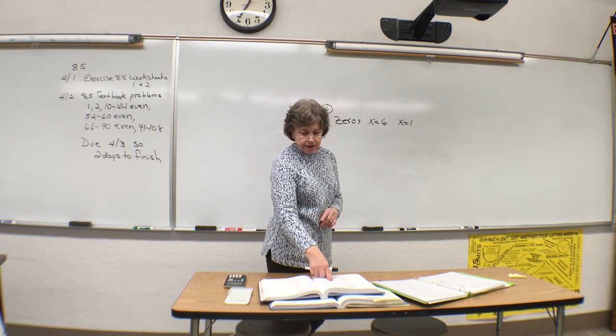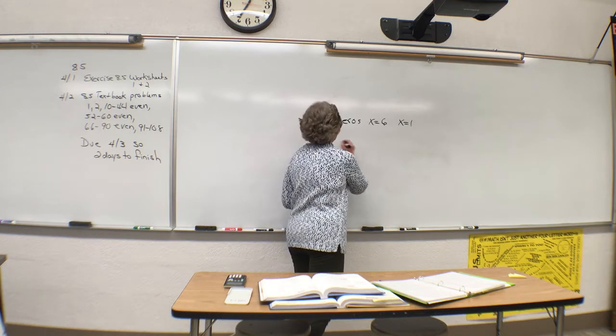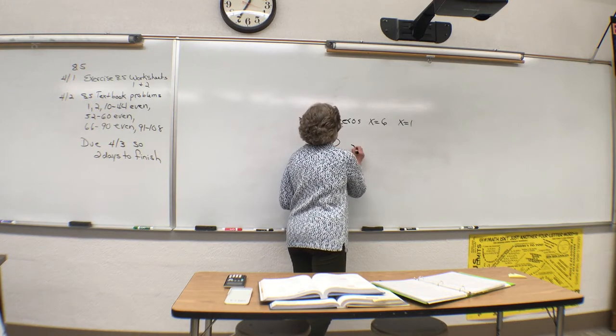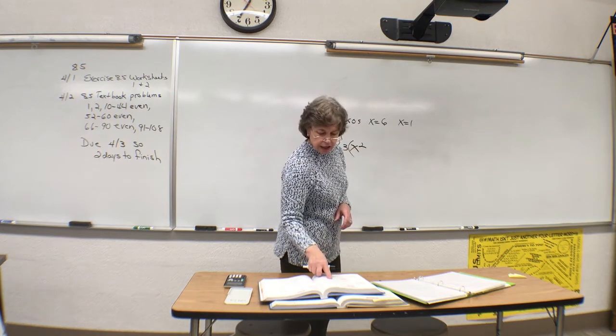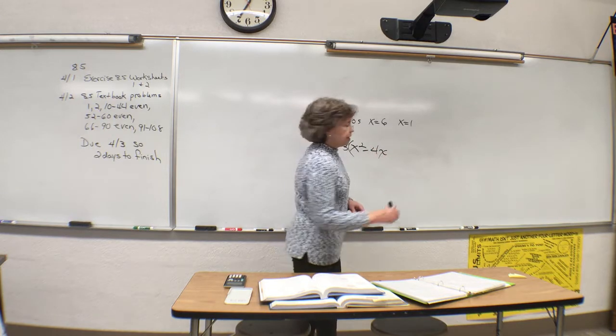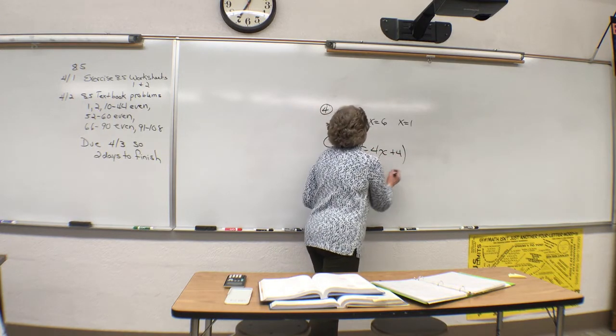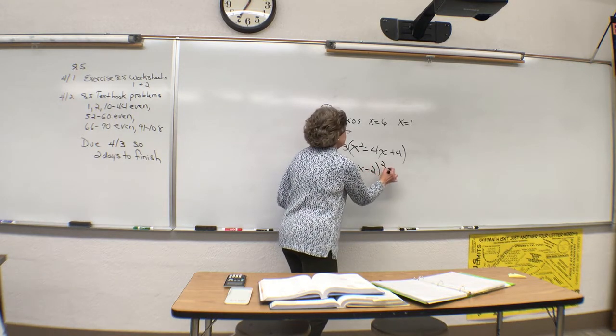Then I'm looking at 5, so you're going to pull out that 3, and you're left with x squared minus 4x plus 4. I'm thinking that's 3 times x minus 2 squared.